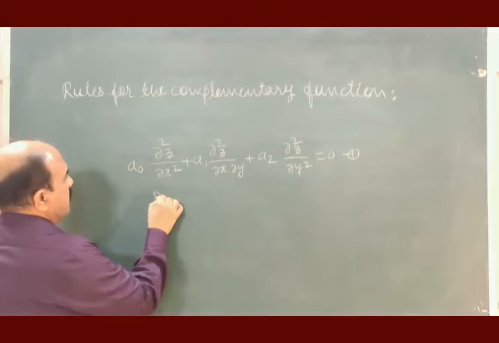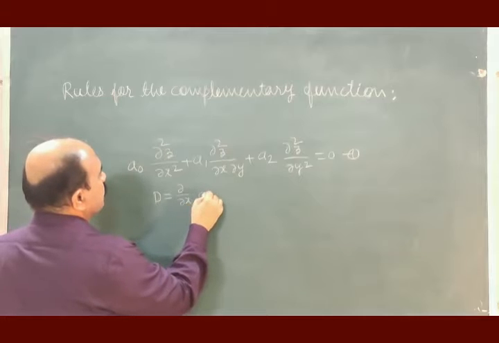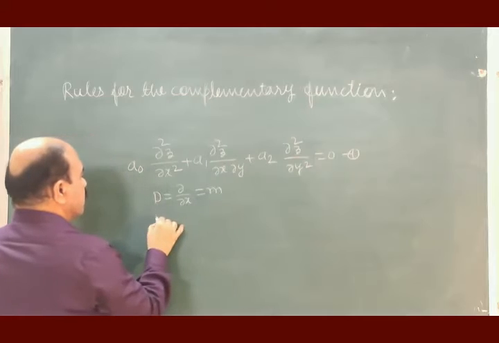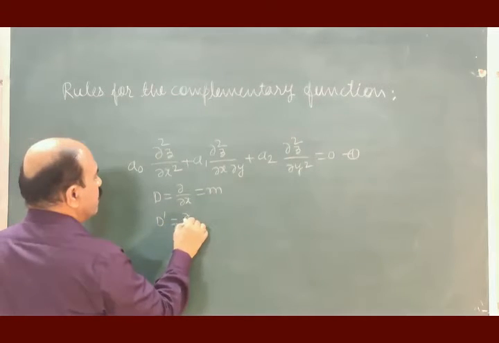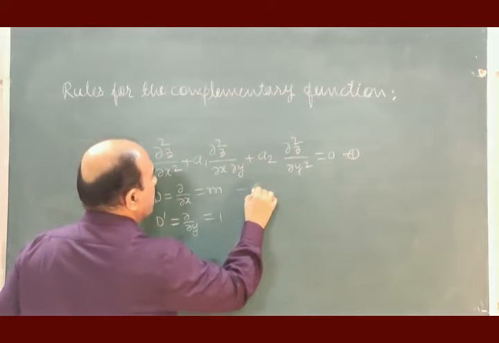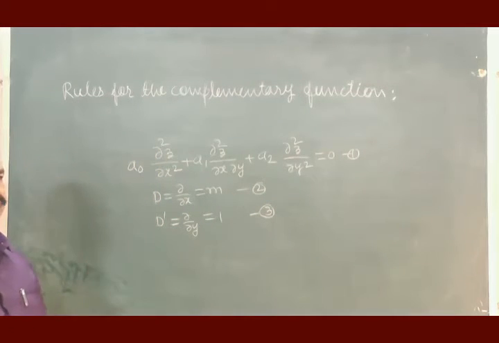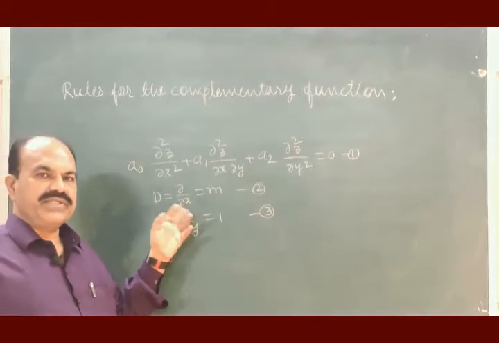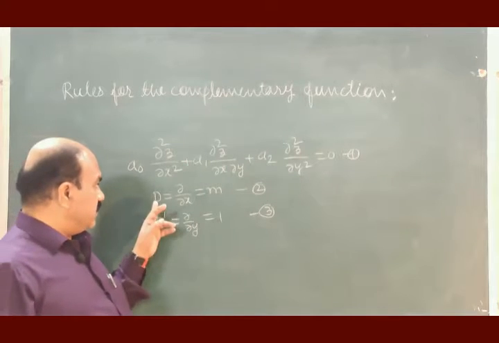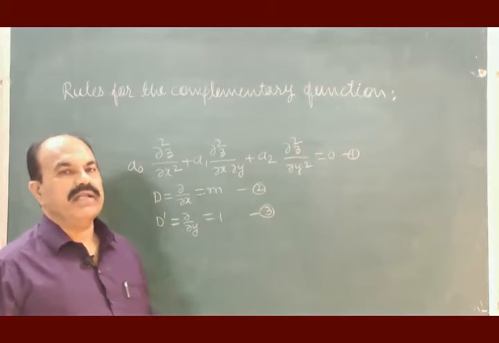Let us assume that D is equal to dou by dou x, which is equal to m, and D dash is equal to dou by dou y, which is equal to 1. These are equations 2 and 3. Remember, D is dou by dou x and D dash is dou by dou y. Further, we have D equal to m and D dash equal to 1.